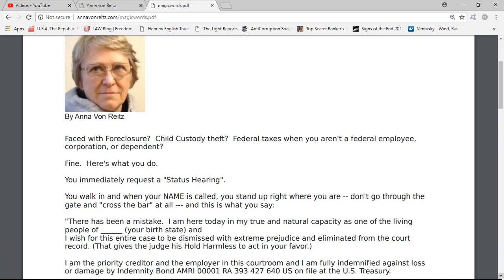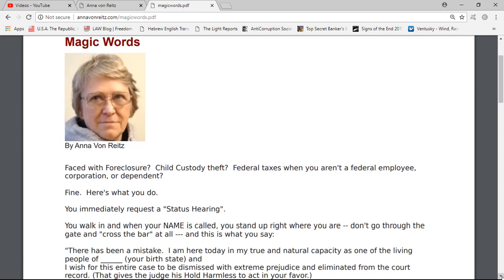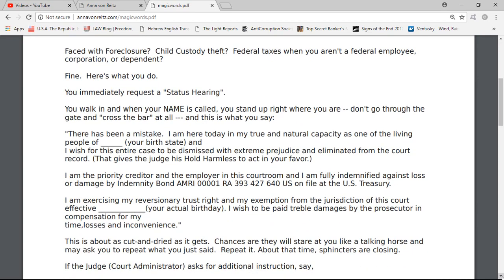Excuse me. Alright, so this one is called Magic Words. It's one of my favorite articles she's ever come out with by far. Faced with foreclosure. Now she's telling you what kind of examples you might use this particular article in, because it also has a step-by-step like what to do kind of script.